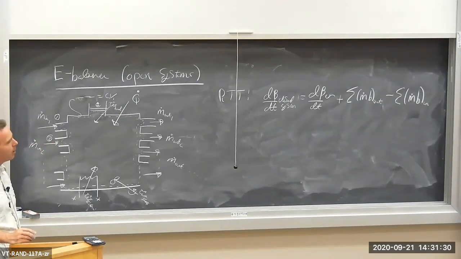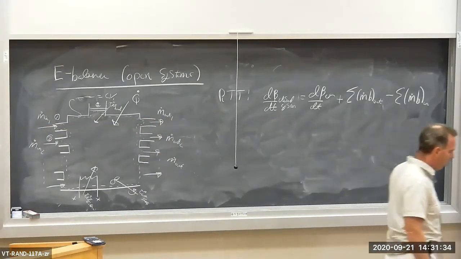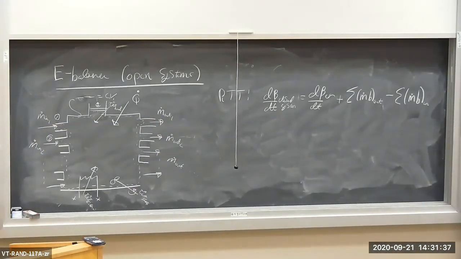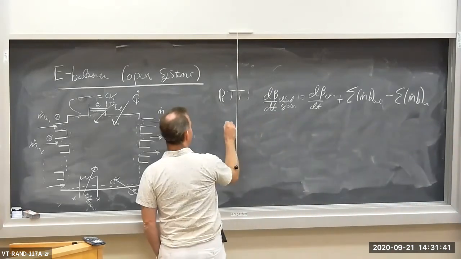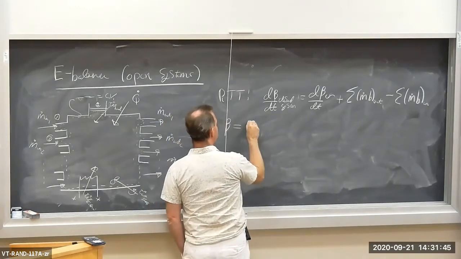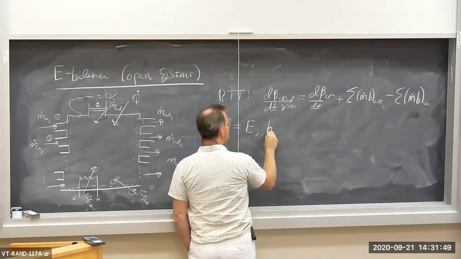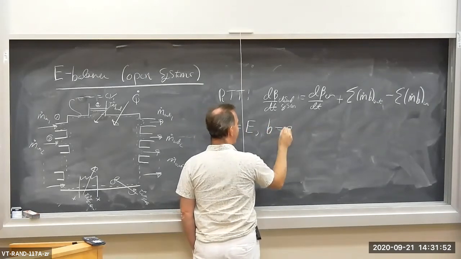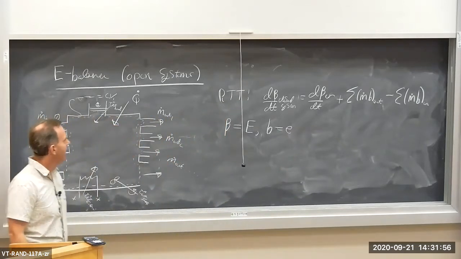Now, in this case, if you go back and look at that chart we had a long time ago, I think it was in the last lecture, if we apply this to energy, what we're saying is beta is equal to total energy, and lowercase b is equal to energy per unit mass, so that's lowercase e.